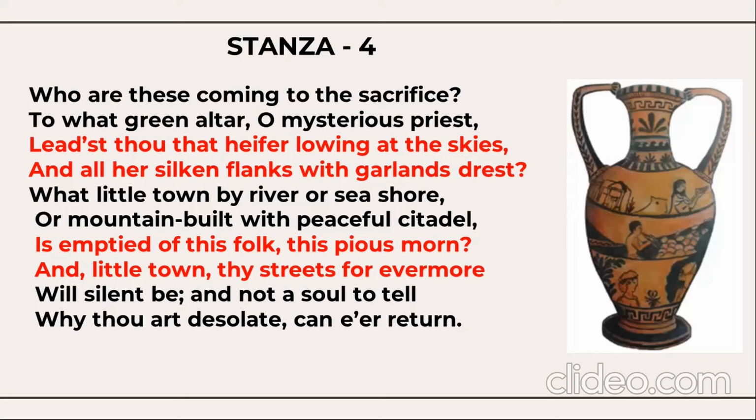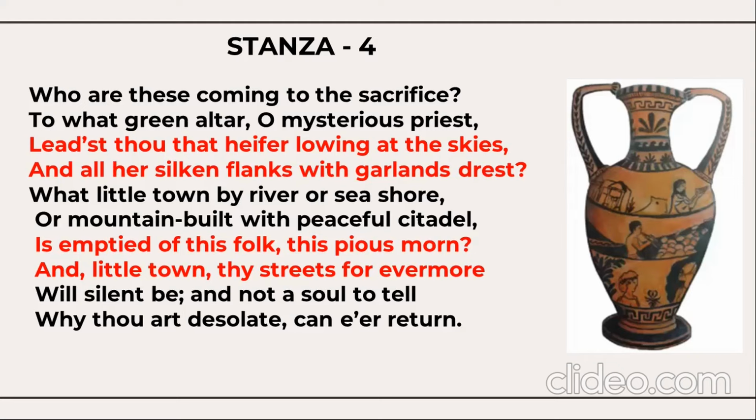Now the question is, "What little town by river or seashore or mountain built with peaceful citadel?" Citadel means fort. So now the poet asks a question here: from where are these people coming to see the sacrifice? From which town are they coming?